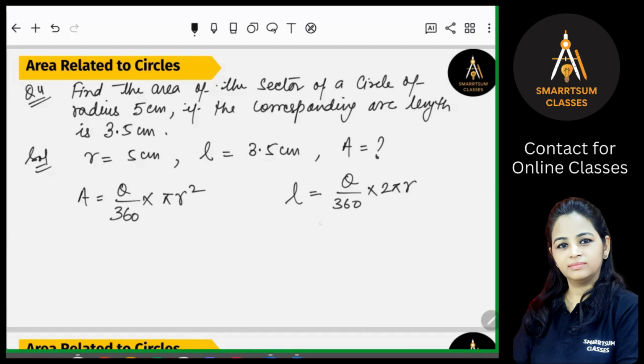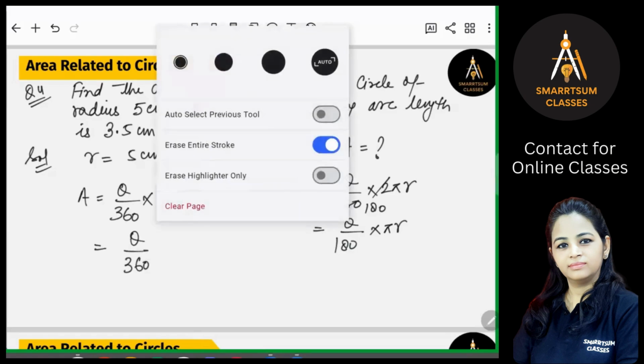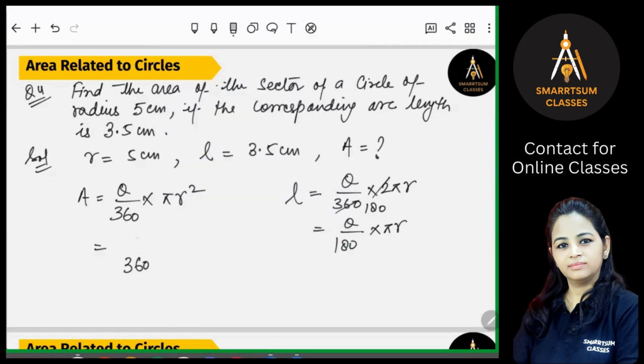Okay. So can I write it as, if we divide this, this is 180, right? Theta upon 180 into pi r. Yes or no? Right. Now we can write area as theta upon 360, theta upon 180.